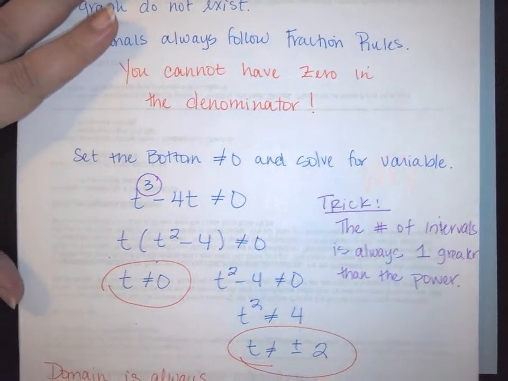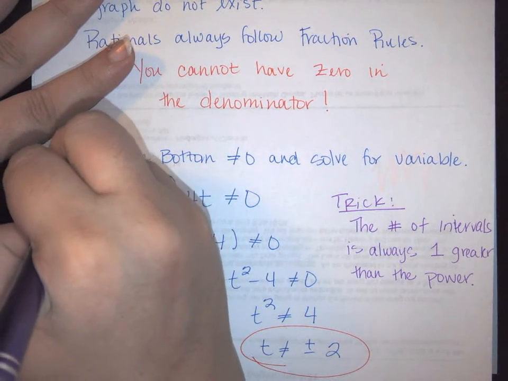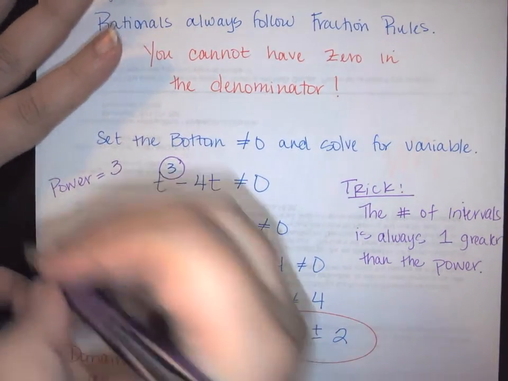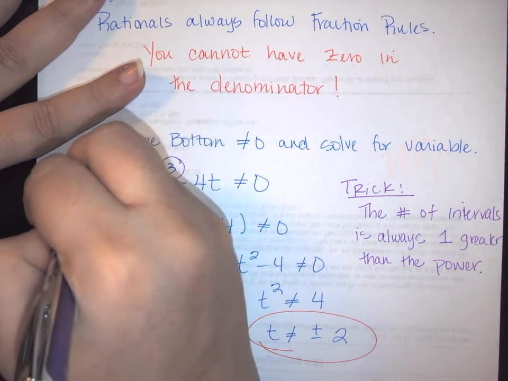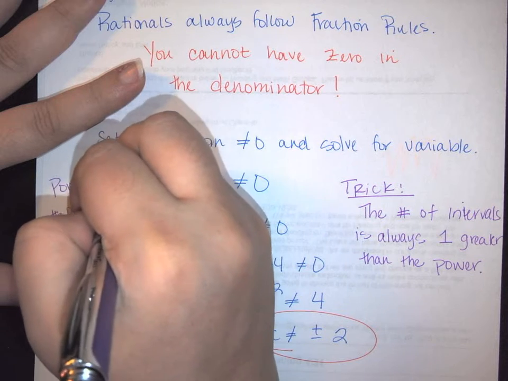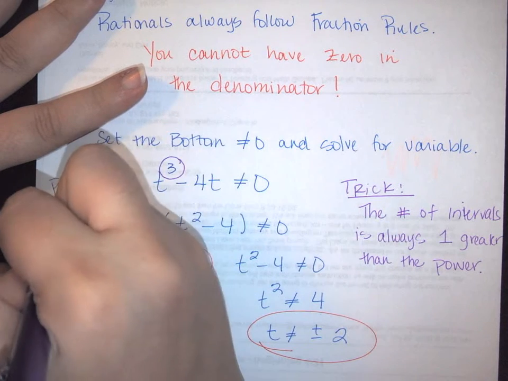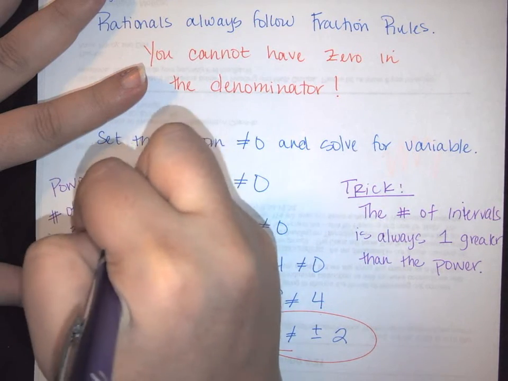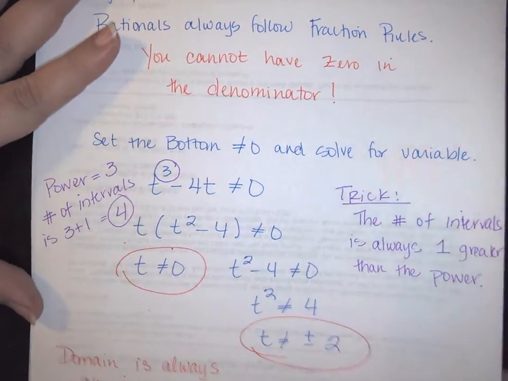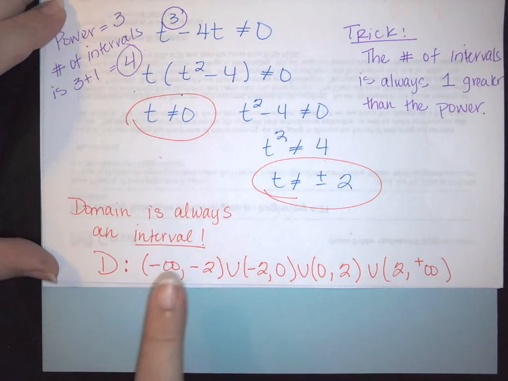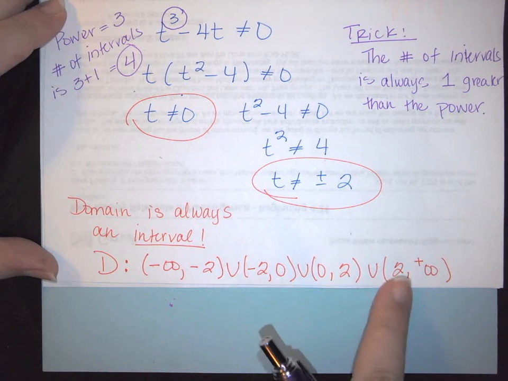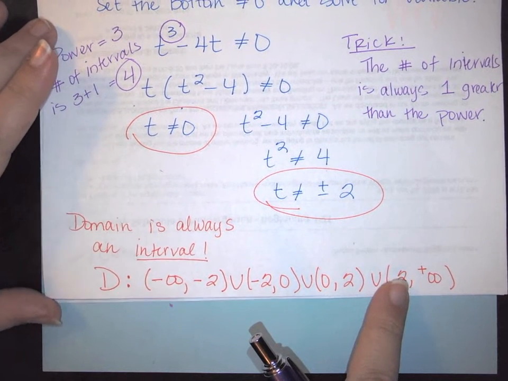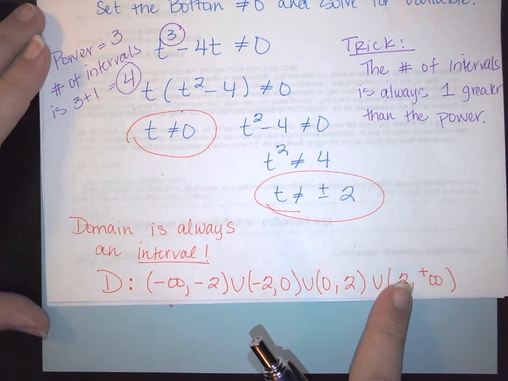So my power equals 3, which means my number of intervals is 3 plus 1, which equals 4. If I look, I have 1, 2, 3, 4. I have all the intervals I need. I didn't miss any. I'm good.